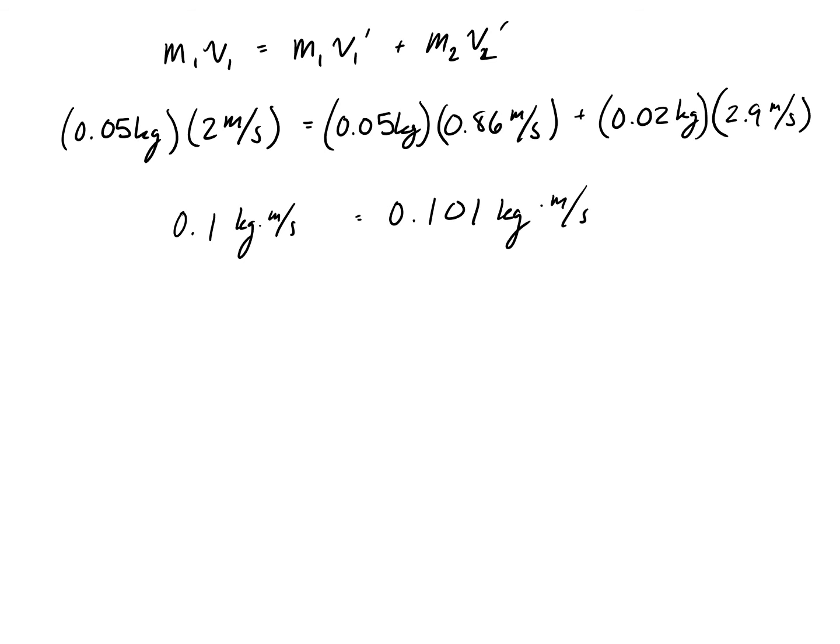That the speeds that I've gotten for marble 1 and marble 2 afterwards are right. So even though my initial velocity for marble 1 was 2, the difference in mass that marble 2 has compared to marble 1 results in a different value for my velocity. So it's possible when you have a smaller object for it to move faster than the initial object.